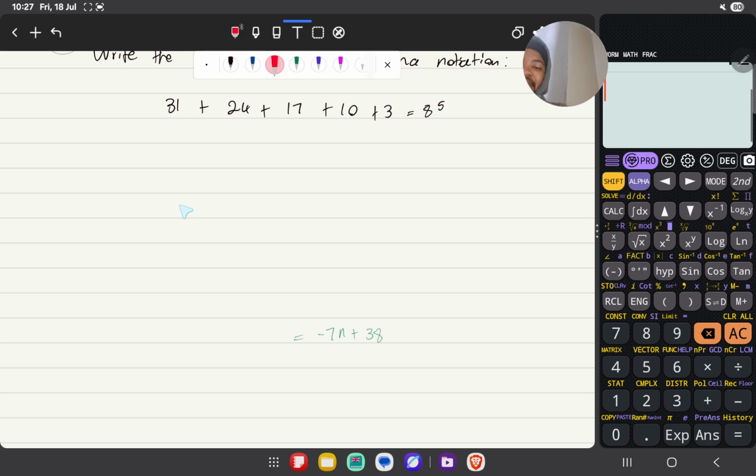So what is left is for me to say, therefore I'm going to have something like this, my sigma notation, and I'm starting where n equals 1 to where n equals 5, right? And then the term is minus 7n plus 38, which must give me 85.